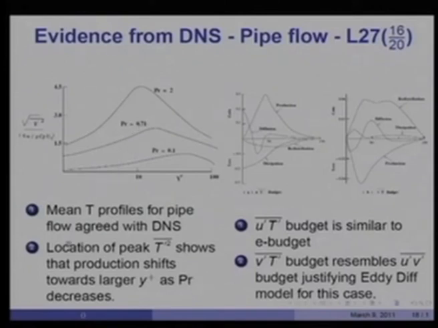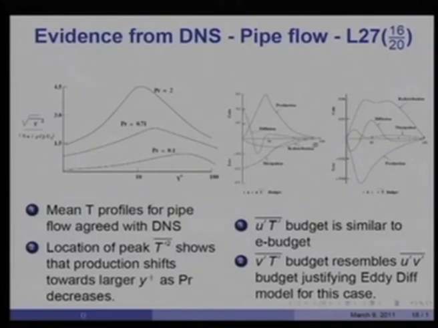The left figure shows that the peak of T prime squared shifts towards larger y plus as Prandtl number decreases, as you can see, and this is very much true that the production of the turbulent temperature fluctuations is closer to the wall at high Prandtl numbers than at low Prandtl numbers.